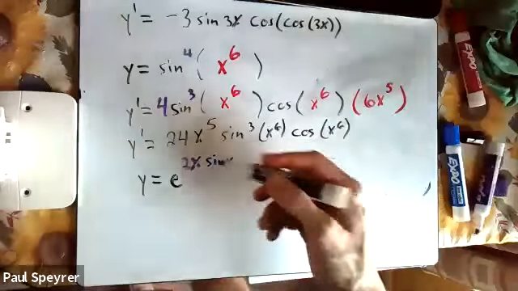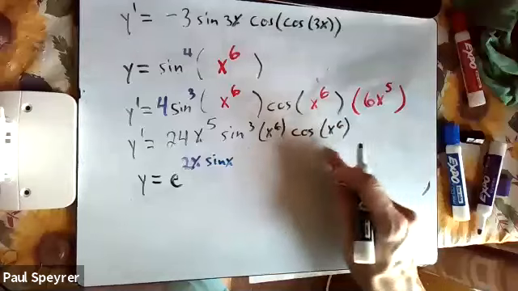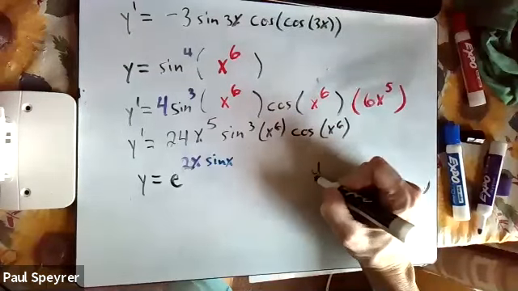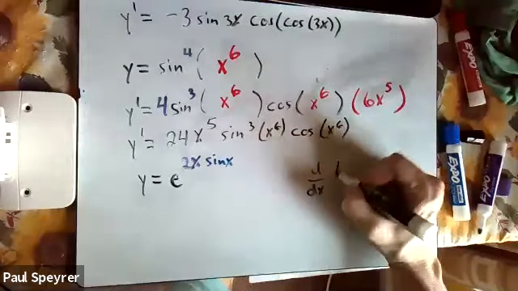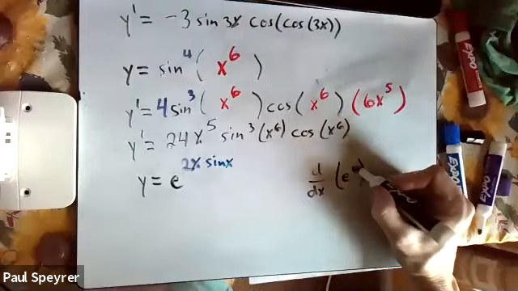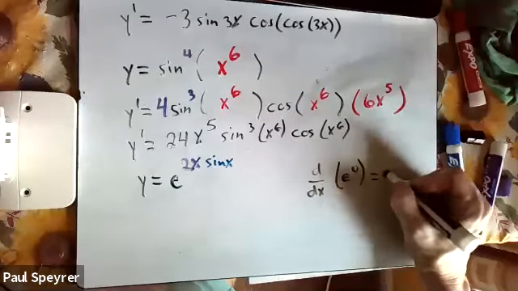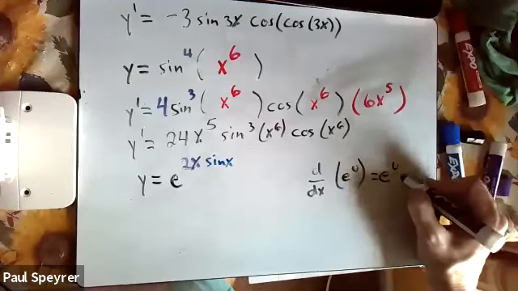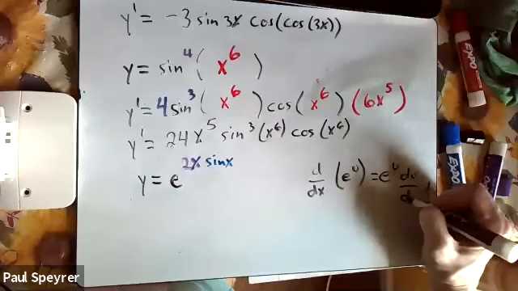So remember, what's the derivative of e to whatever? If you have d dx of e to the u, remember the derivative of e to whatever is e to whatever times the derivative of whatever.